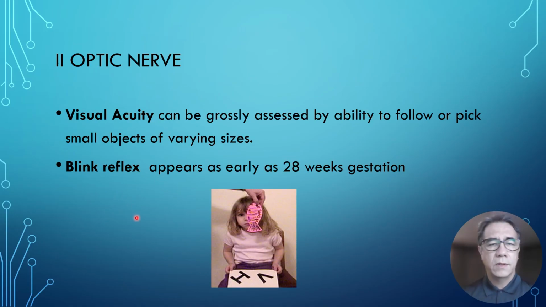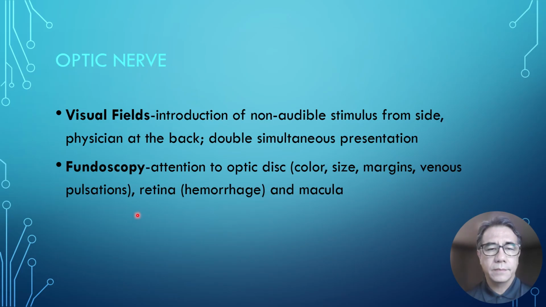Now, visual acuity can be grossly assessed by the ability to follow or pick up small objects of varying sizes. And the blink reflex appears as early as 28 weeks gestation. Visual fields can be assessed grossly by introduction of non-audible stimuli from the side, with the physician at the back of the patient, with double simultaneous presentation.